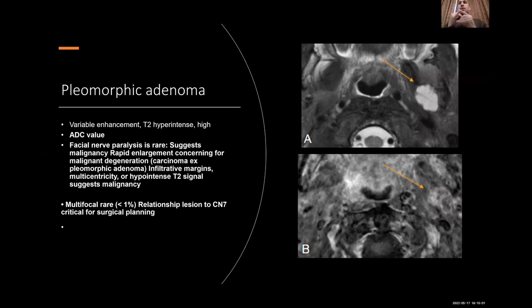Malignant if rapid increase of the size, newly developed paralysis, facial paralysis or pain, and newly developed intrasubstance hypointense T2 signal. Okay? Multifocality, a bit rare. And because you are beside the facial nerve component, these are very sensitive to the development of malignancy. Okay.